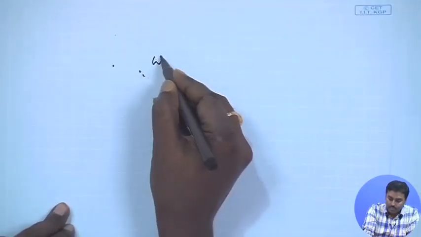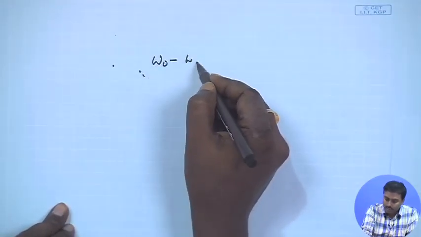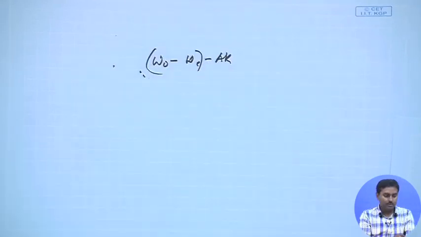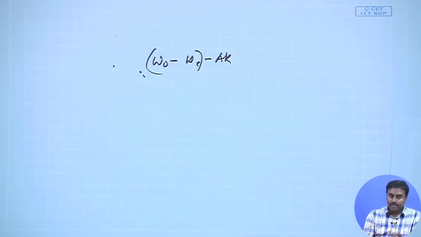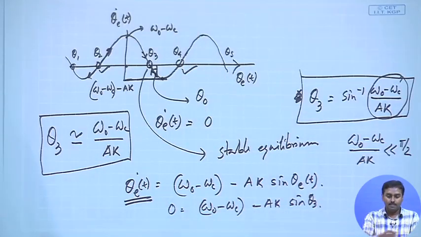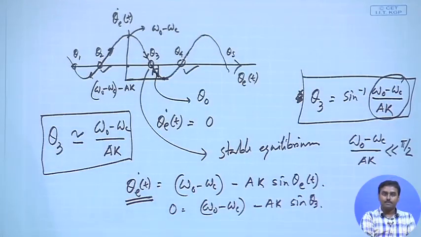It is actually omega 0 minus omega c minus a k, right. So, this is what we are getting. For some reason, if this particular sinusoidal goes above the x axis, will you have any equilibria point? You will not have any equilibria point.